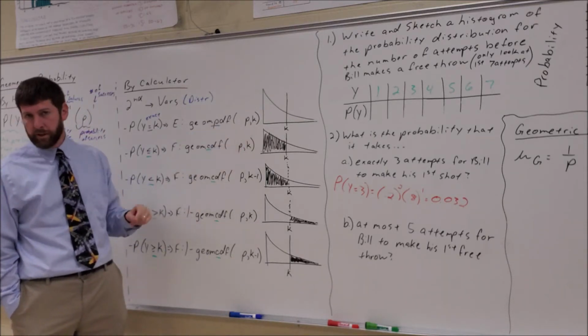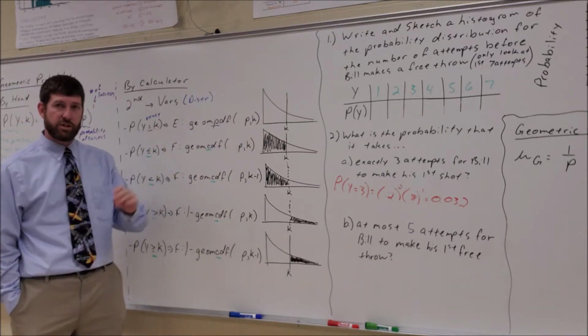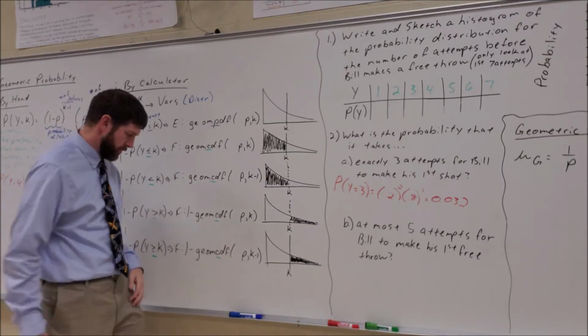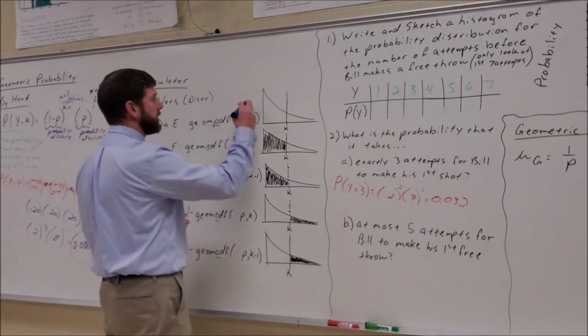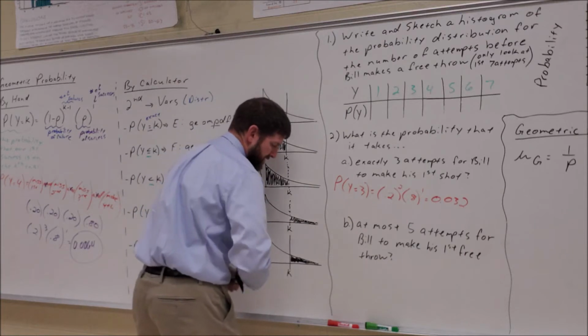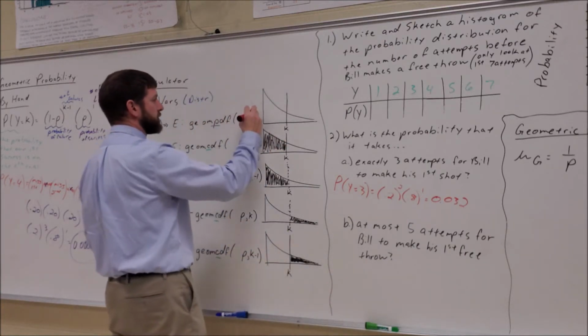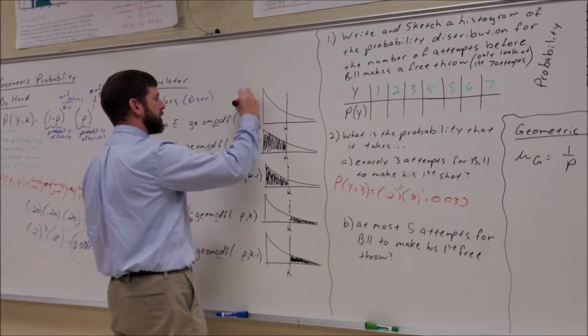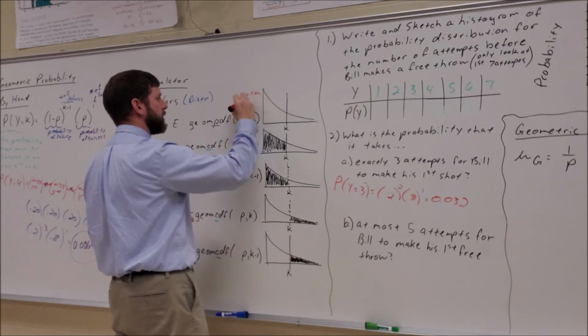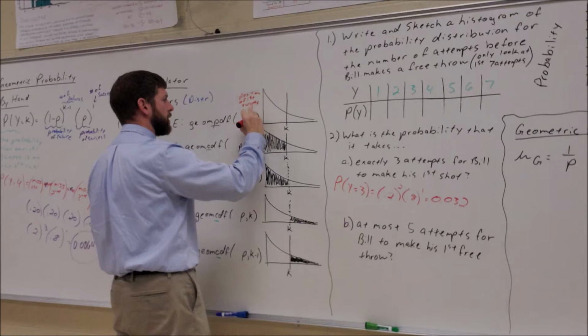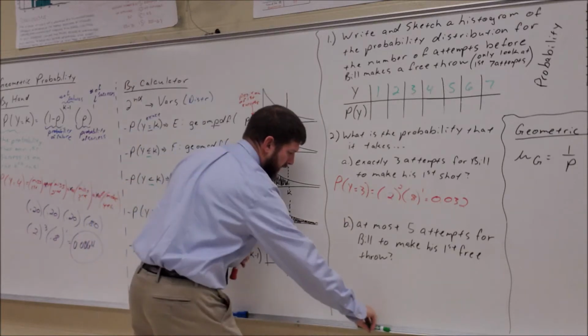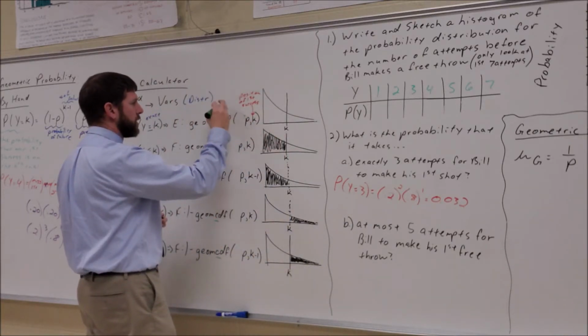So I just need my probability and my position of that first success. So that's what K represents. K is the position of first success, and then P is probability of success.